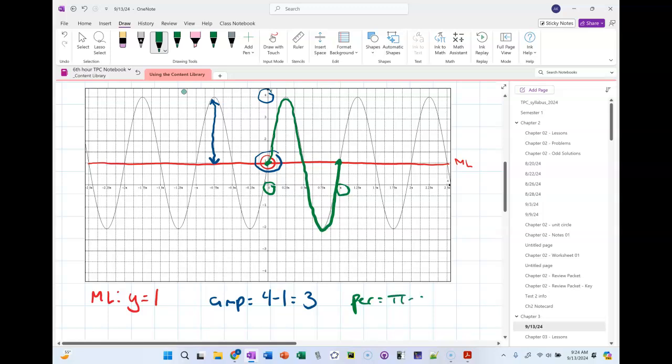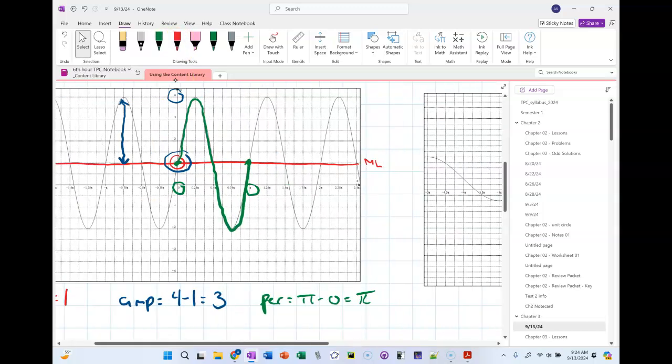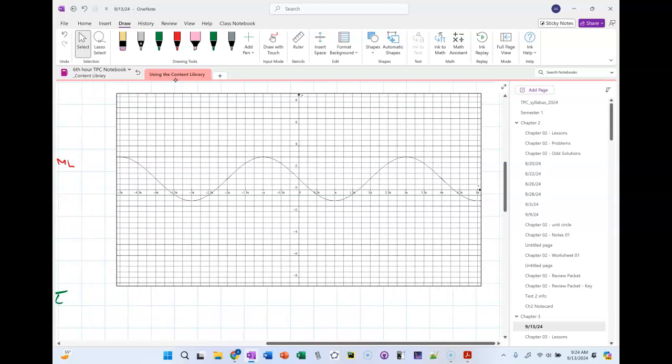So again, big minus little, the period is pi. Does that feel okay there? Cool. So far, so good. We're all liking this. Pretty easy. Not too bad. Let's look at another example.